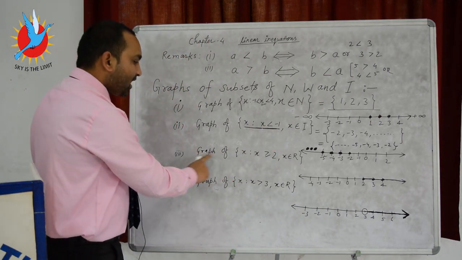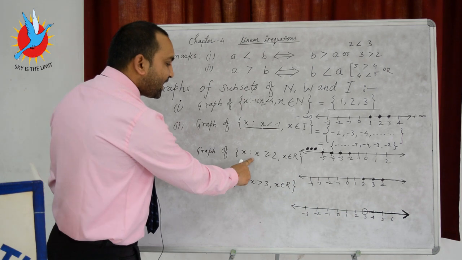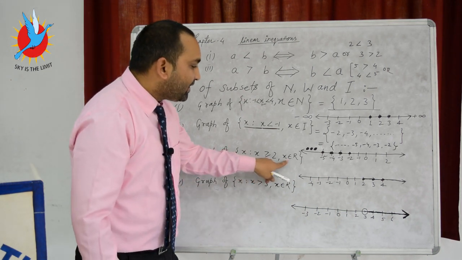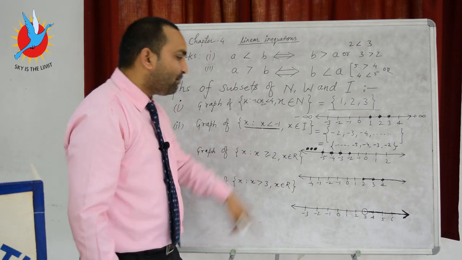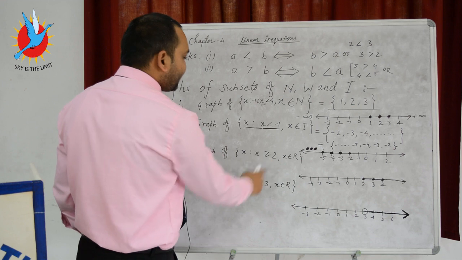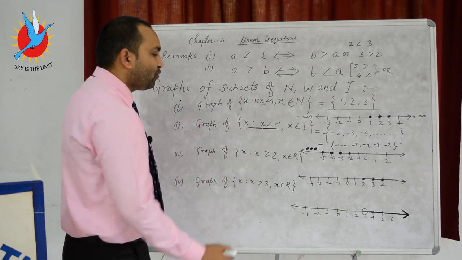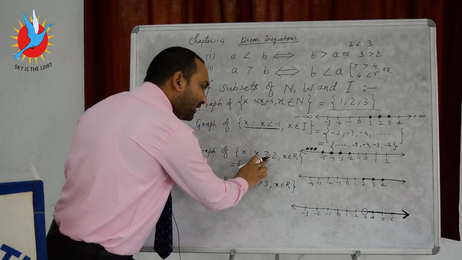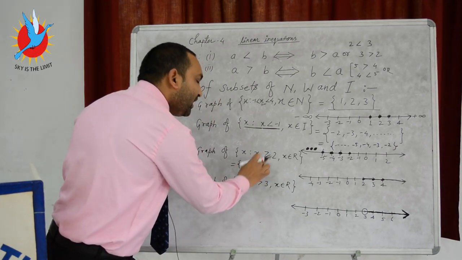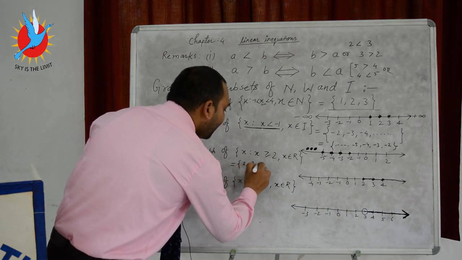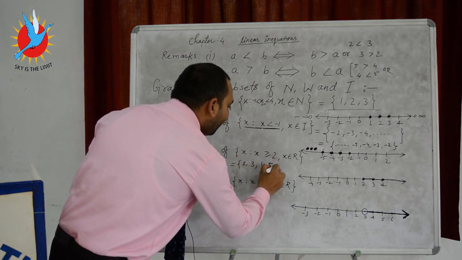Now graph of x such that x is greater than or equal to 2 and x belongs to the real numbers. It means the solution set is greater than or equal to 2, so we include 2 also: 2, 3, 4, 5 and so on.